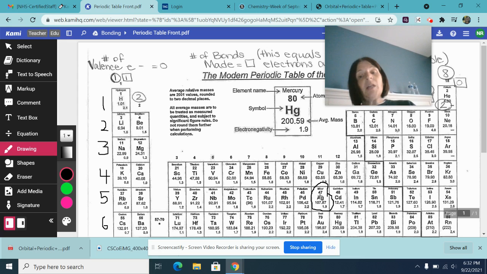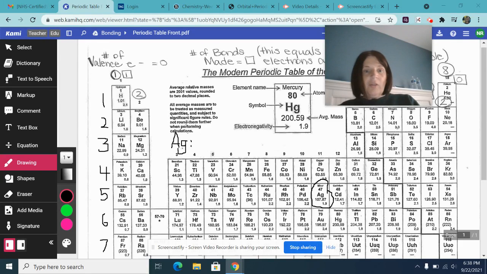the first thing is, and silver is actually written right here, we are going to start off, as all shorthand electron configurations do, by putting a set of brackets down. Once we have a set of brackets down, we have to figure out what element can go inside the brackets to start our shorthand electron configuration.